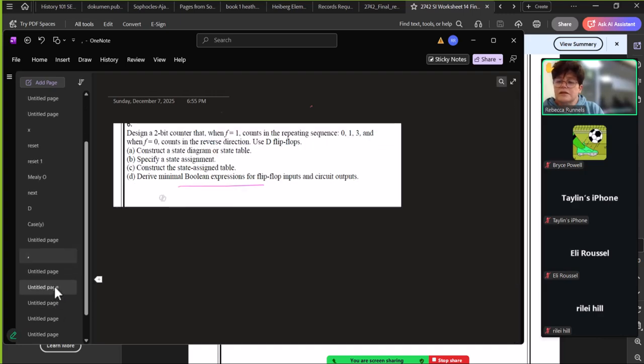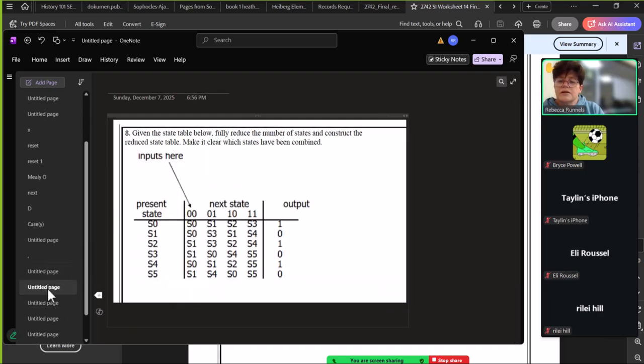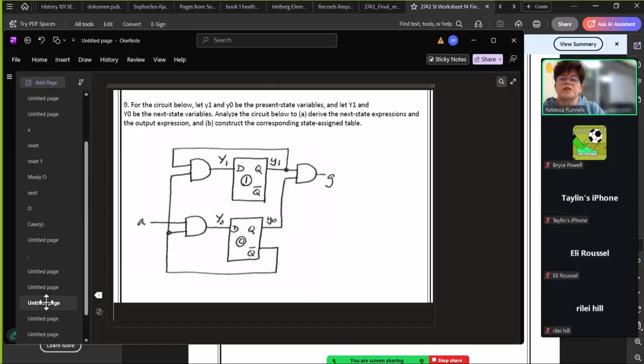Like, is that like the one from the midterm? Similar to that? I think so. There usually is one on the midterm. No, this is it. This is it. For the circuit below, let y1 and y0 be the present state variables, and let capital Y1, capital Y0 be the next state variables. Analyze the circuit below to derive the next state expressions and the output expression, and construct the corresponding state assigned table.